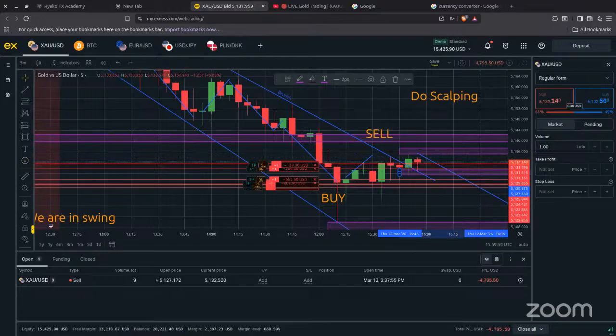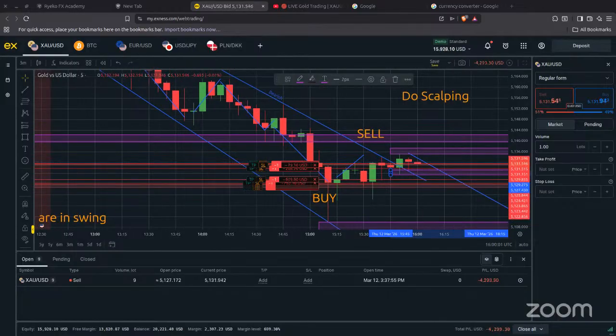Use SMC, smart money concept, and price action only. Some people put some bit of ICT skills in it for a little bit of analysis, or some bots.